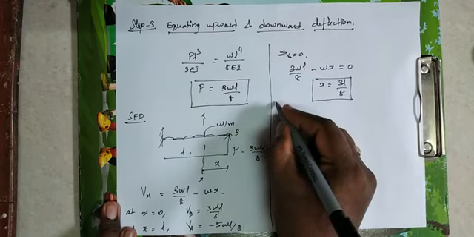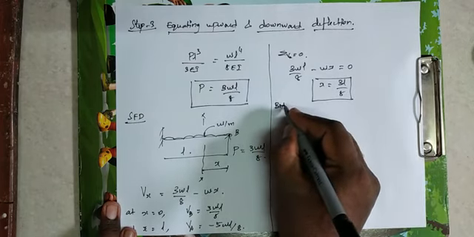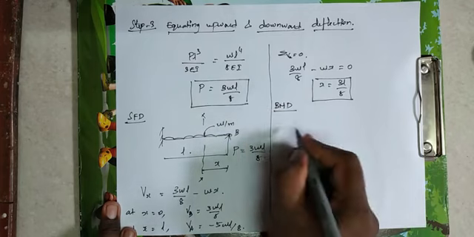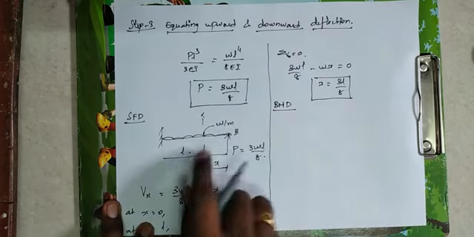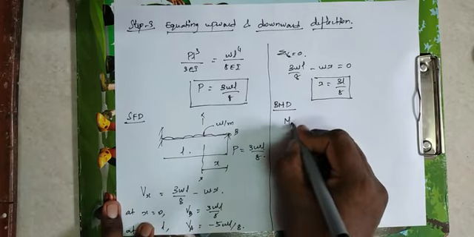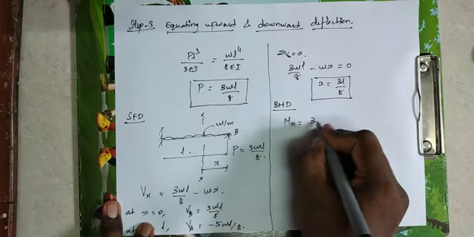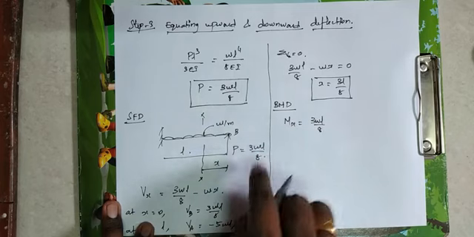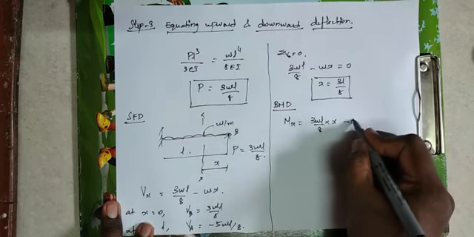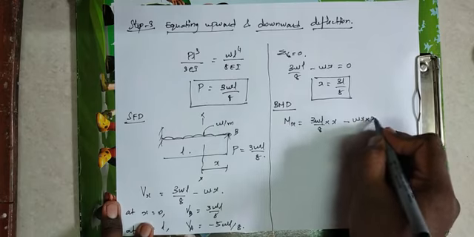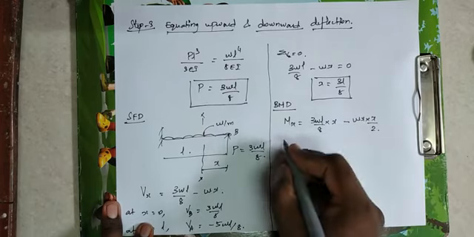Now, we are going to find the bending moment values to draw the bending moment diagram. Taking moment about this section, we will get the bending moment equation as 3WL by 8 into perpendicular distance x minus W into x divided by 2 into perpendicular distance.